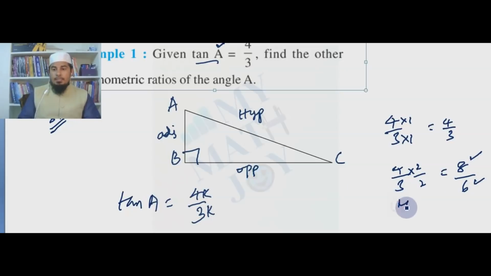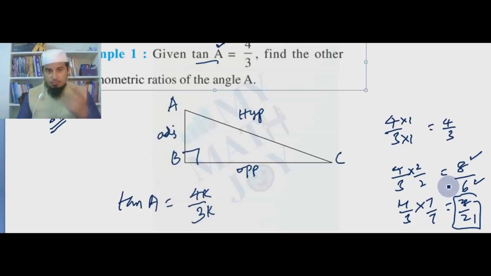If I multiply by 7, I get 28 and 21, and that is valid for this question too. That is why we introduced k: the trigonometric ratio is in its simplest form, and the sides of the right angle triangle can be of any such format.